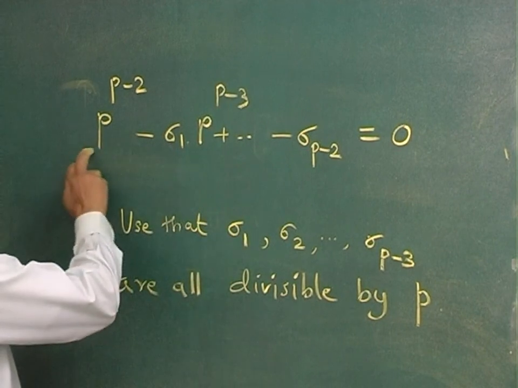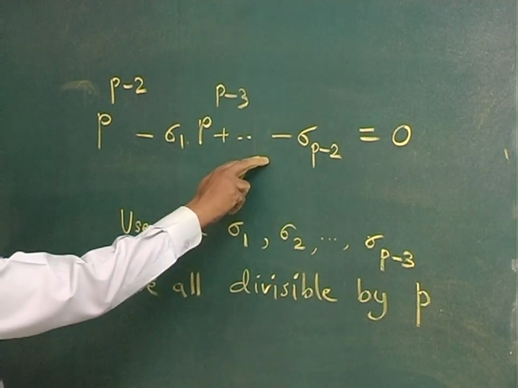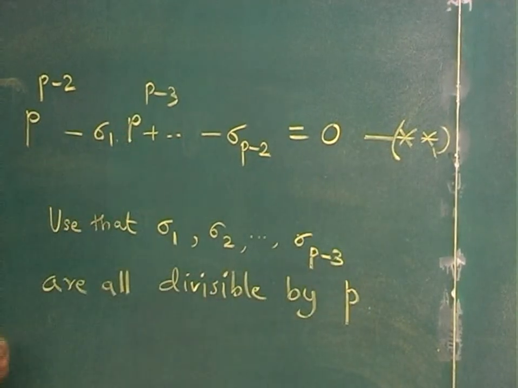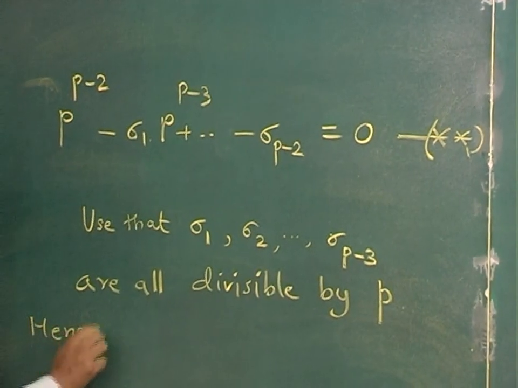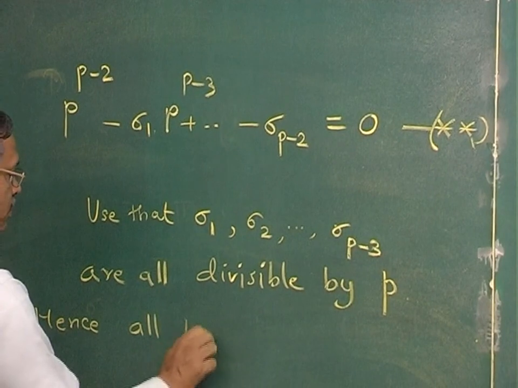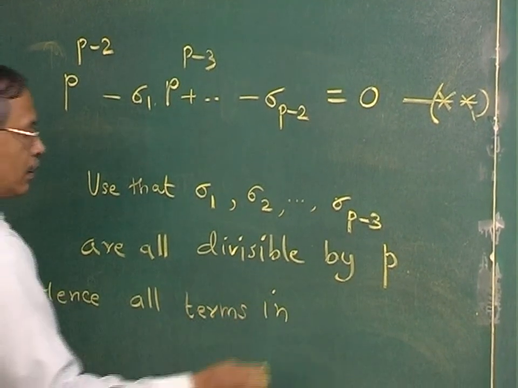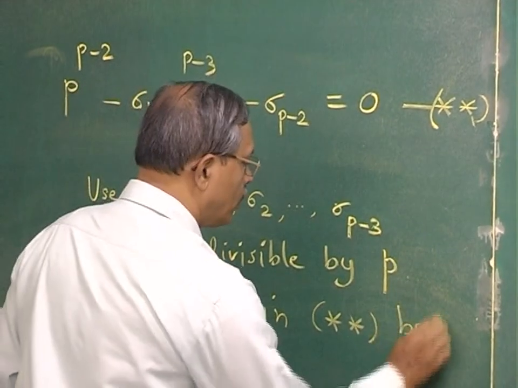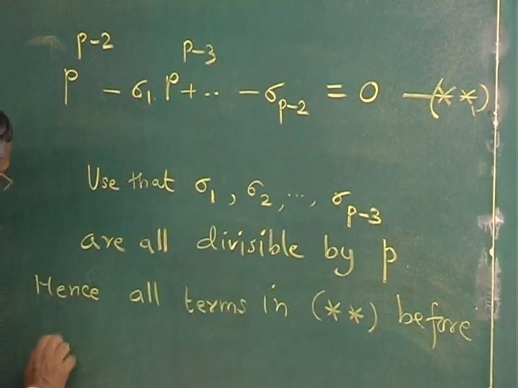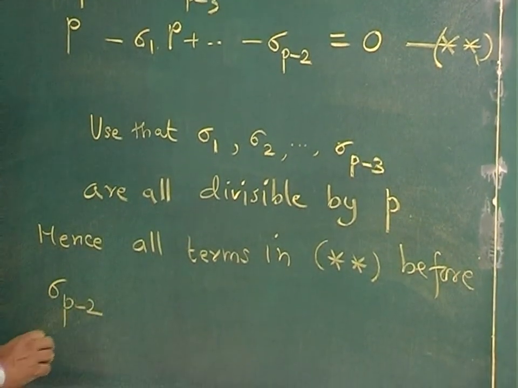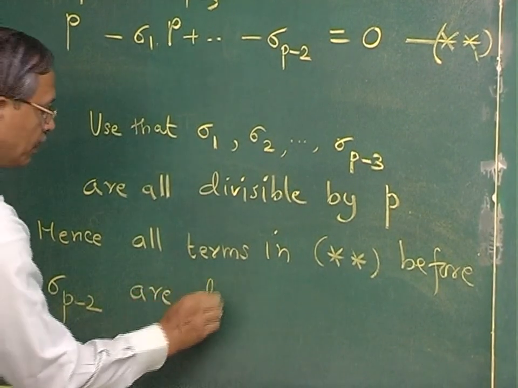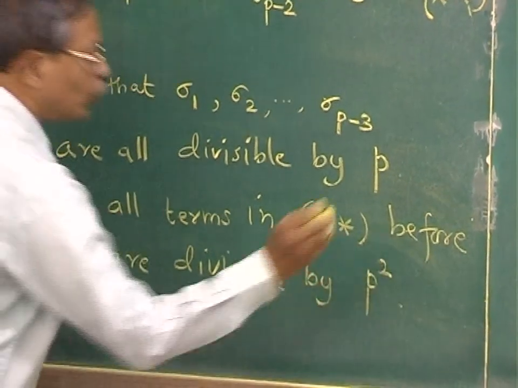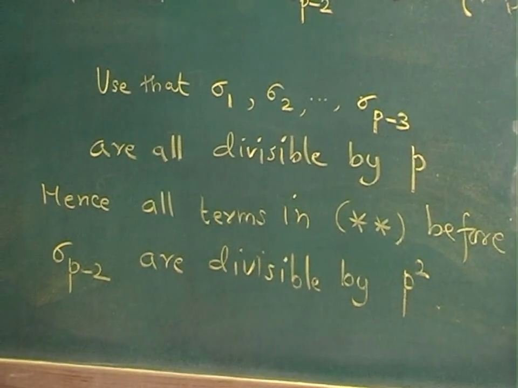And all these terms are divisible by p square. So if I call this double star, hence all terms in double star before sigma p minus 2 are divisible by p square, not just p but by p square.